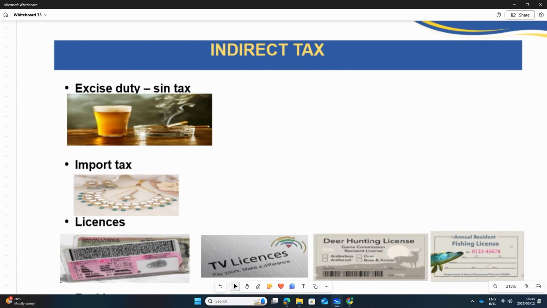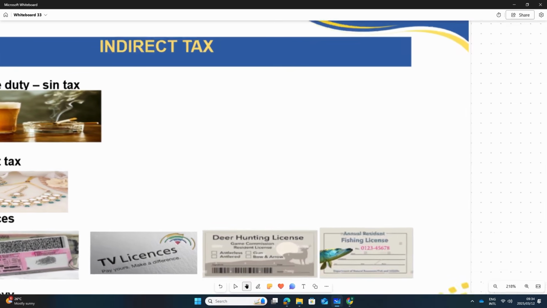Other examples of indirect tax include excise duty, which is normally referred to as sin tax, and this type of tax is placed on the manufacture and sale of alcohol and tobacco, and the import tax, which is paid when you are importing goods from other countries to South Africa, and licenses, where you have to pay a fee. That fee is a form of tax, and the examples include the driver's license, TV license, hunting license, and fishing license.